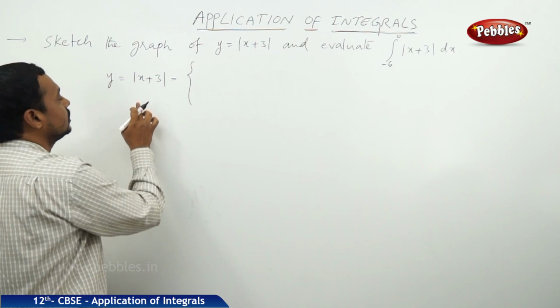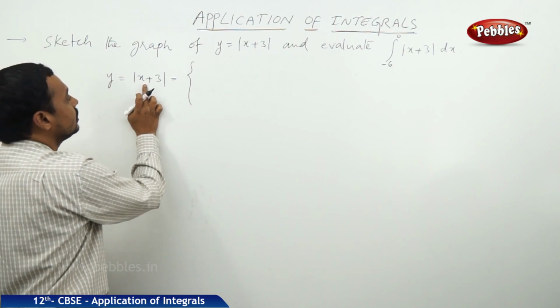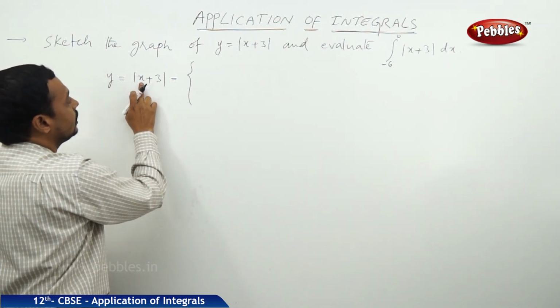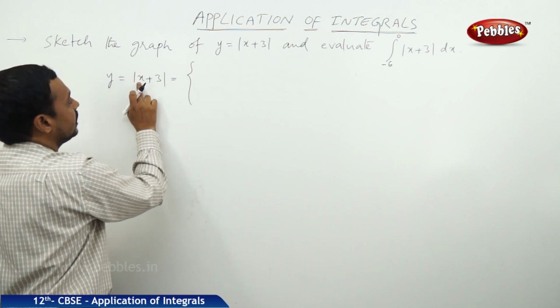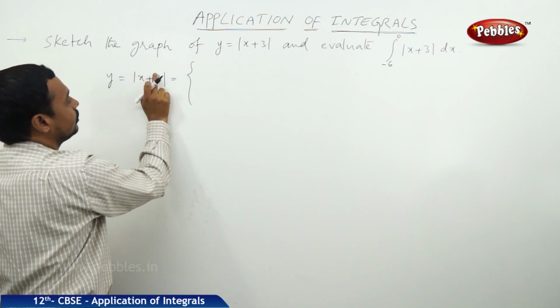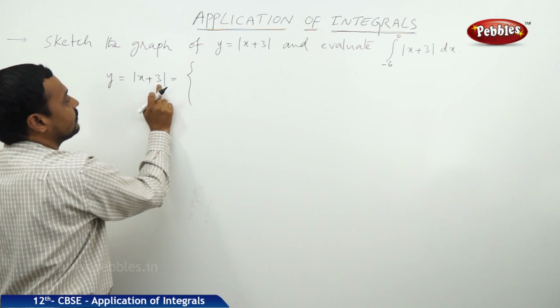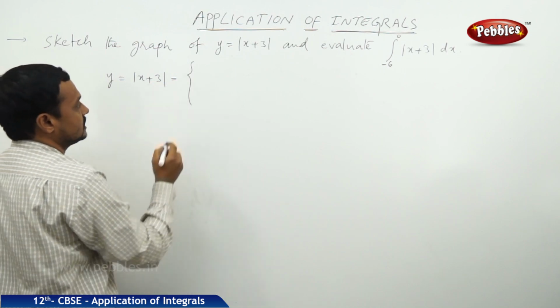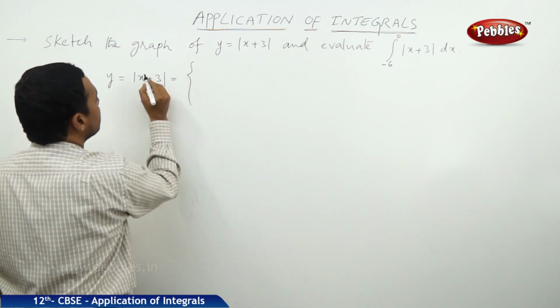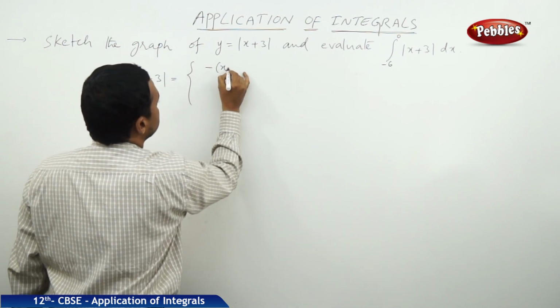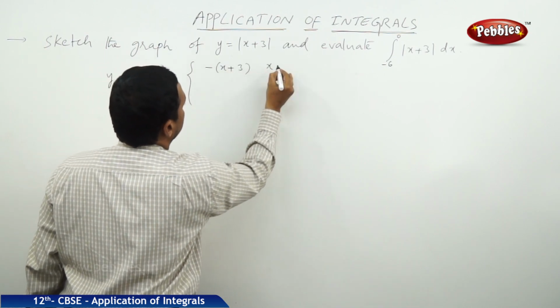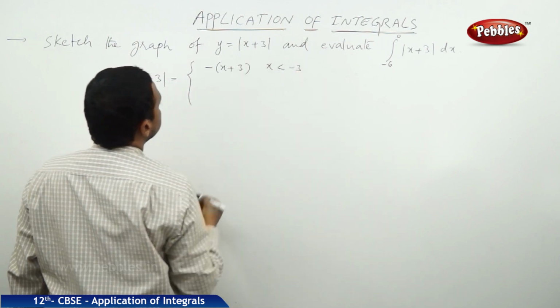Let us define that. When x is less than minus 3, then x plus 3 becomes negative. For a negative number, mod x is defined as minus of x. So we can write it as minus of x plus 3 when x is less than minus 3.